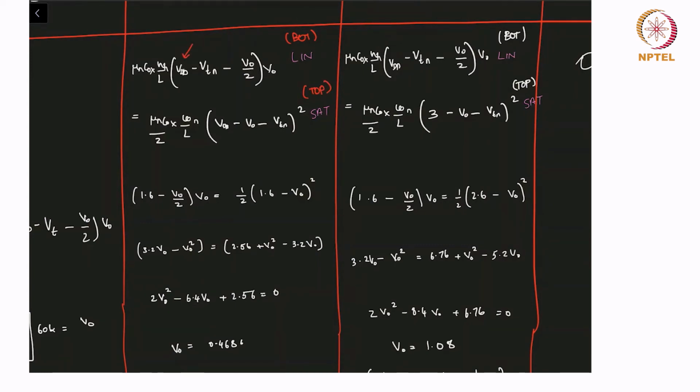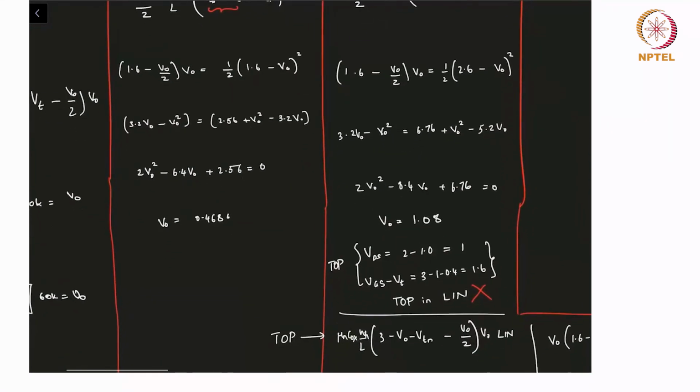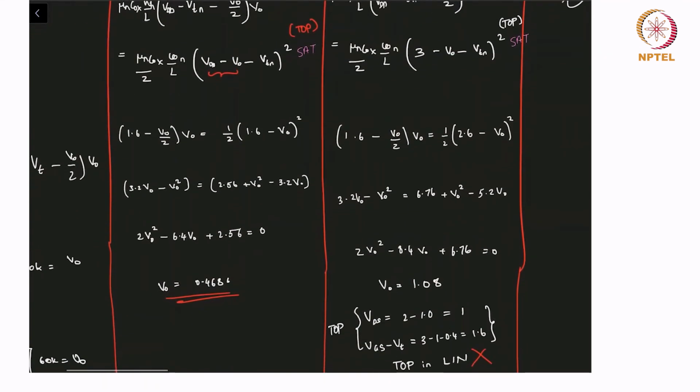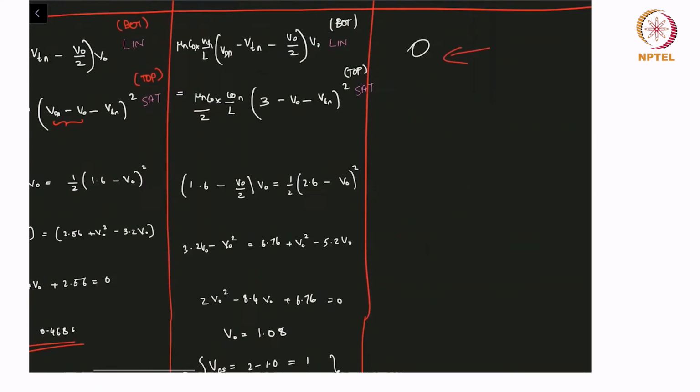Its gate voltage is VDD, whereas this guy's gate voltage is VDD minus V out, right? So I assumed that the bottom transistor is in linear region and top transistor is in saturation region. Went ahead, got the output, and if you plug this back in, you'll see that in fact the assumption was correct.